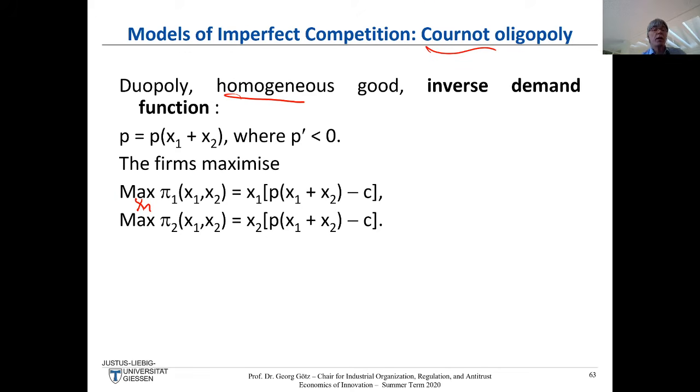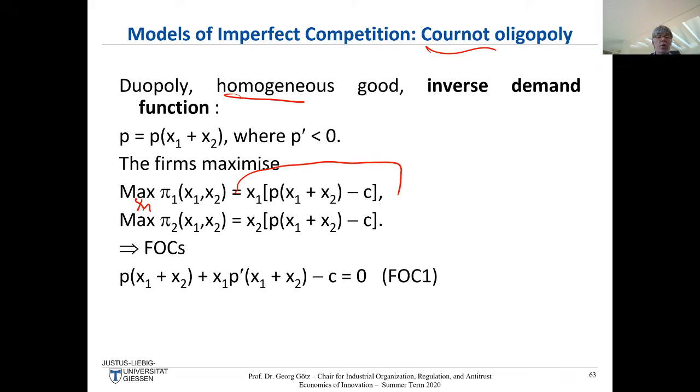So same kind of profit notation and function: x1 times the per unit profit p minus c. But if we take a derivative with respect to x, we get the first order conditions, which look very much like the monopolist first order conditions.